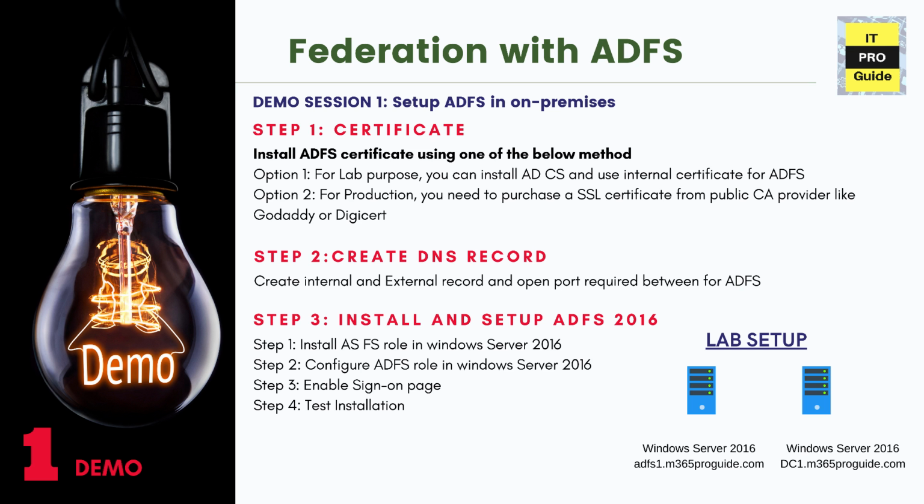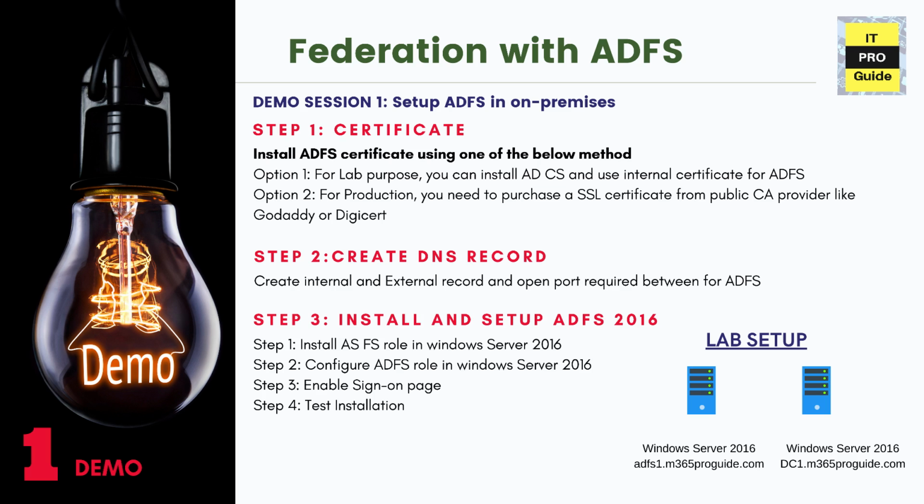I can use ADCS, Active Directory Certificate Services, and get an internal certificate for ADFS, but that is recommended only for lab purposes. If you're going to use this for production, then it is highly recommended to go for an SSL certificate from a public certificate authority like GoDaddy or DigiCert. Anyway, both options are available in this video, so you can choose as per your requirement.